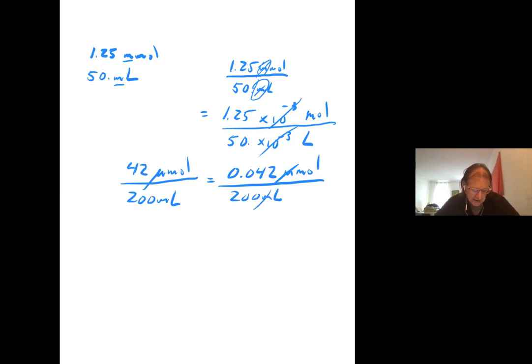So that would perhaps be an easier way to do it. You just have to be sure you know how to convert micro to milli. Or you could have converted this to micro and then canceled the micro. So either way, there are many different ways to do these problems. It's up to you to be creative and enjoy your work.